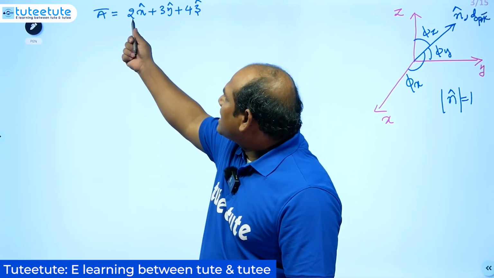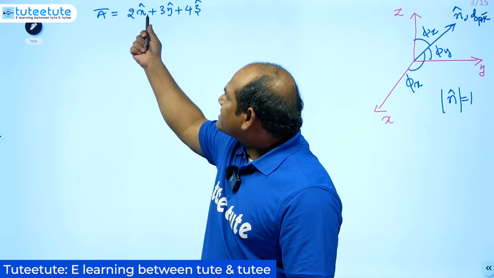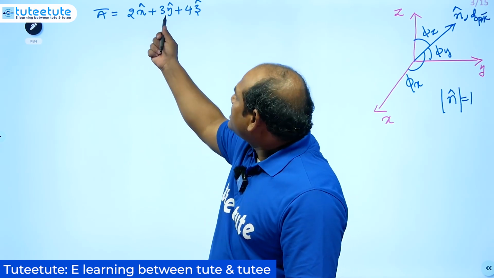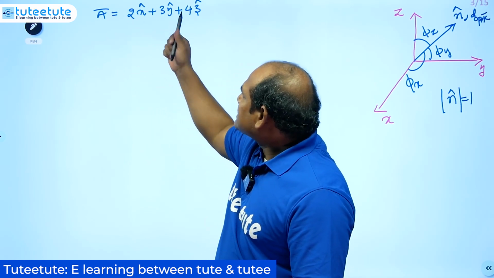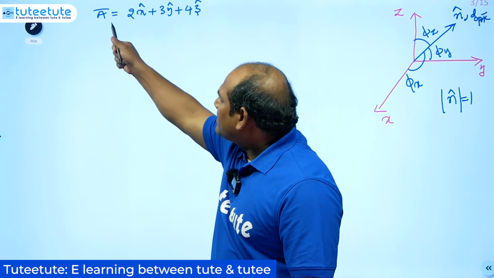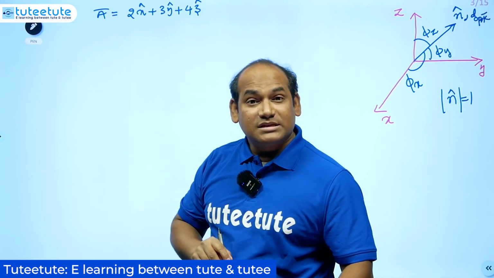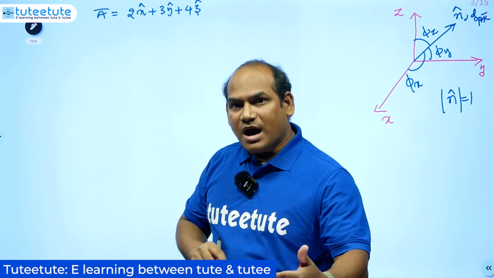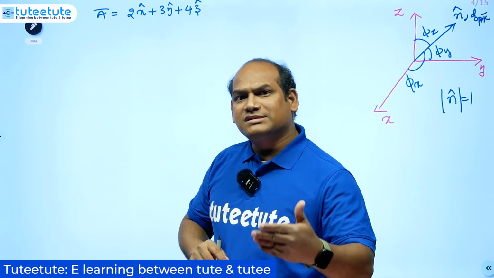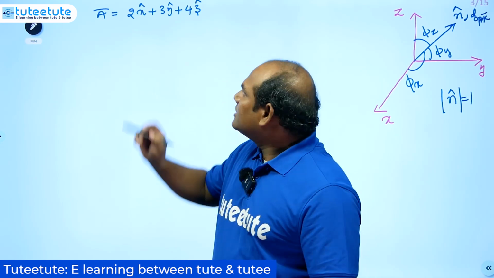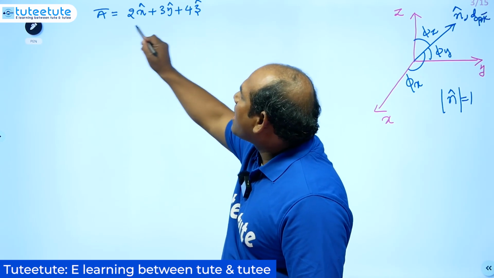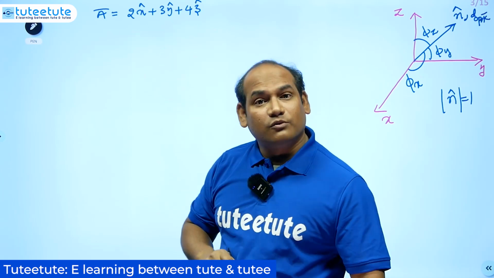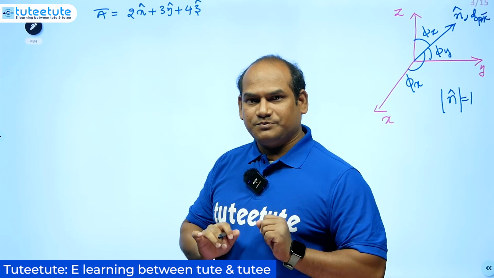Generally, 2 is the projection of a bar on the x-axis. 3 is the projection of a bar on the y-axis. 4 is the projection of a bar on the z-axis. That means, if you have the projections of a bar on the x-axis, y-axis, z-axis respectively, then you can represent mathematically or in vector form one particular vector.